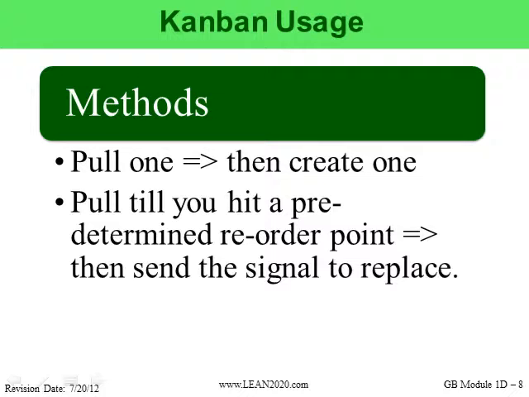There's another level that we talked about with the plating example in the photo imaging: pull till you hit a predetermined order amount or a replacement amount. So in some cases, if the backlog in the plating department got below 200, we knew that we were going to start to produce product in the photo imaging area.